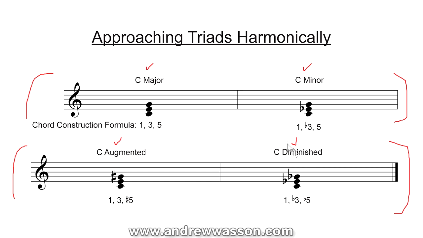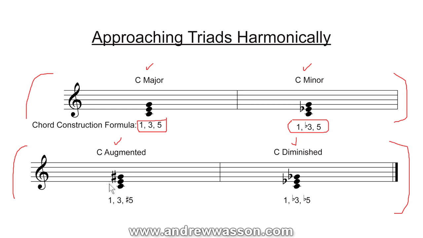Now, that's just some information on usage, but let's go now to the idea of actually applying the formulas, which is important. These are the intervals that make up the chord's construction. A major chord is just taking root, 3rd, and 5th from the major scale. When we create minor, we lower the 3rd degree, so we have a flatted 3rd or a minor 3rd, thus creating the minor color.